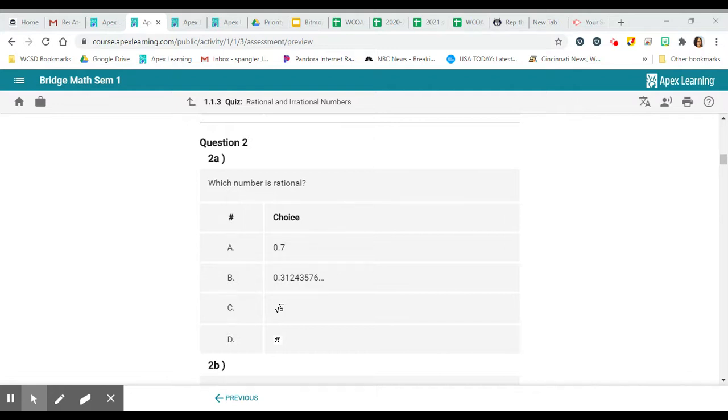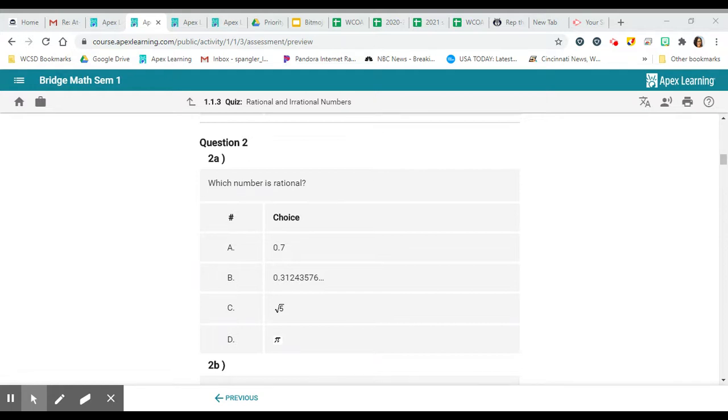What is a rational number? A rational number is a set of all numbers that can be written as a ratio of two integers where the denominator is not 0. So those are all numbers like 0.78 or 0.372.